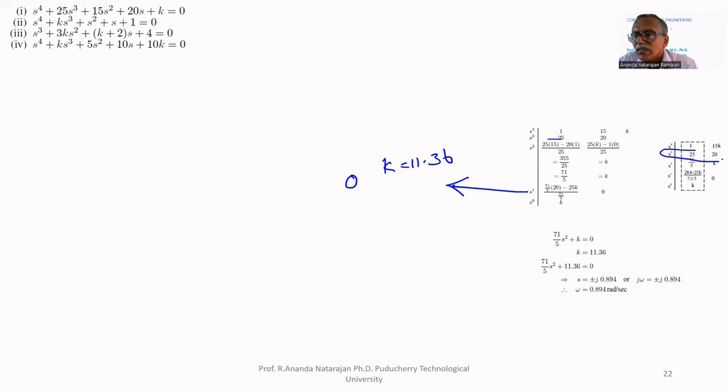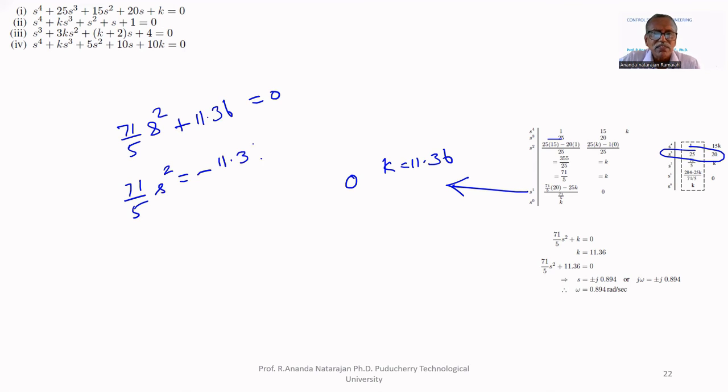S square row is 71 by 5 s square plus 11.36 equal to 0, or 71 by 5 s square equal to minus 11.36, or s square equal to minus 11.36 multiplied by 5 divided by 71.